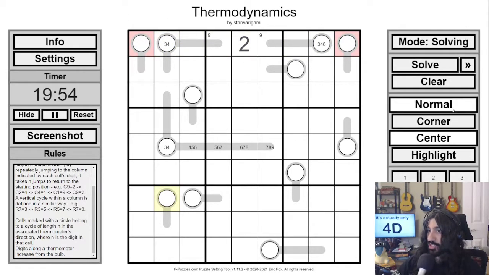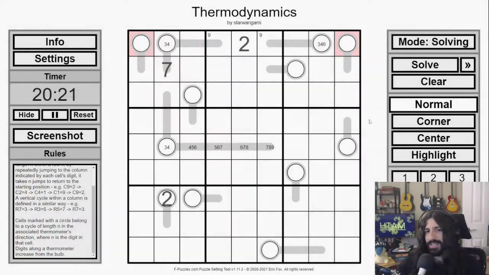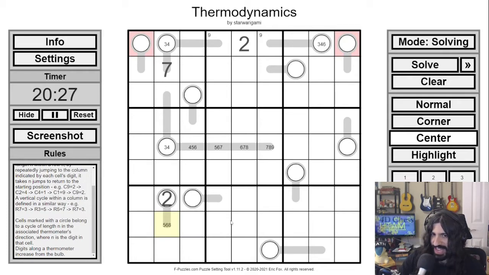So this has to be a 2. And if this is a cycle of length 2, then it must point at the thing which points at it. So this has to be a 7, right? So now this has to be a 5, for what it's worth. This has to be a 5, 6, 8, or 9, because it can't be a 3 or a 4. It has to be bigger than a 2, and it can't be a 7.